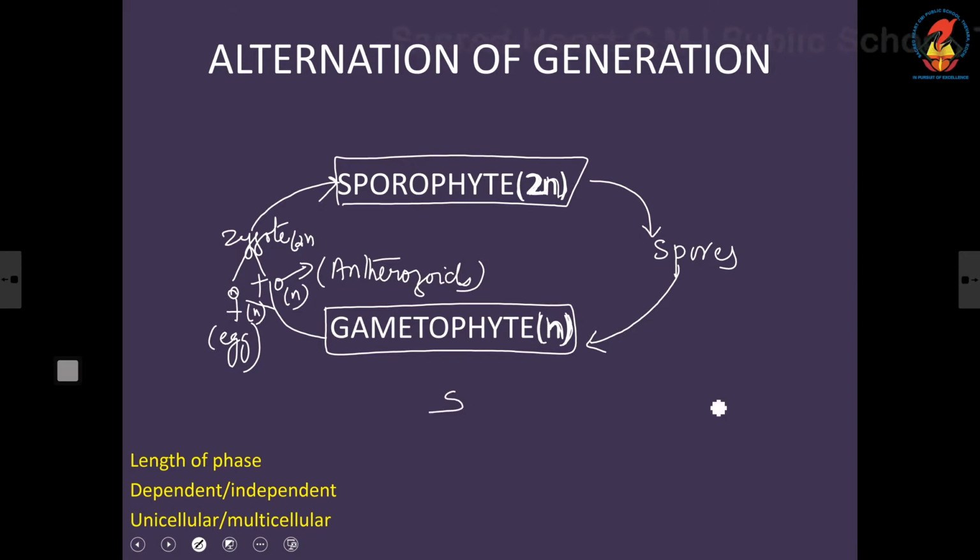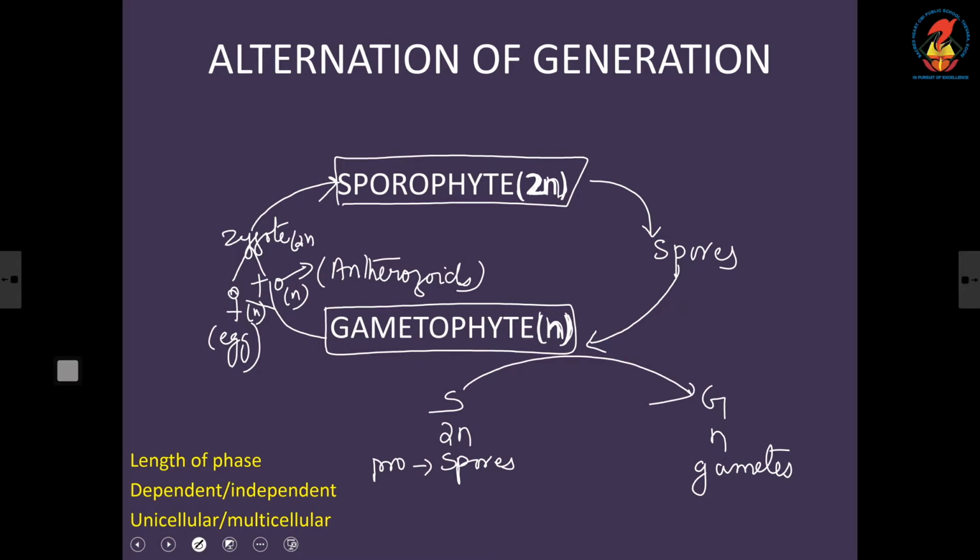Sporophyte, gametophyte. The first difference is that the sporophyte is diploid, the gametophyte is haploid. The second difference is from the very name. Sporophyte produces spores, gametophyte produces gametes. And lastly, the sporophyte gives rise to the gametophyte and the gametophyte gives rise to the sporophyte.